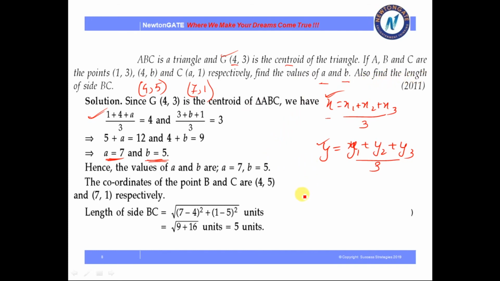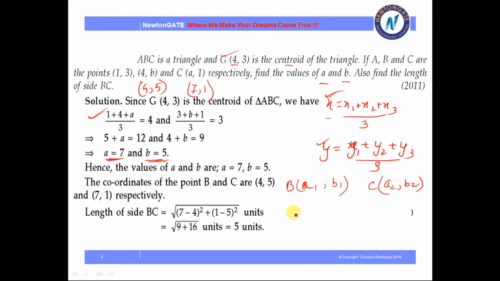Now, I hope that you know how to find the distance between 2 points. The distance between 2 points, B and C. What are the coordinates of B and C? We have the coordinates. Let's say B is (a1, b1) and C is (a2, b2).